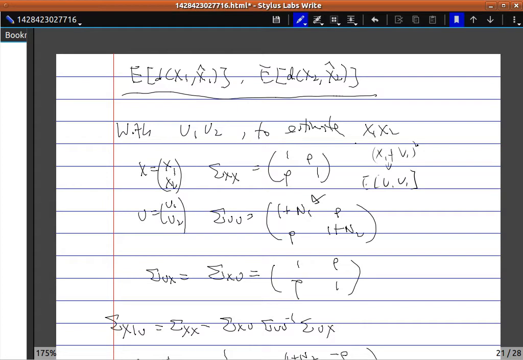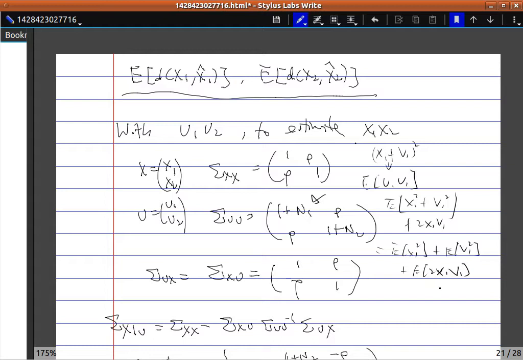So I just have this one plus v1 squared, and inside the term I have x1 squared plus v1 squared plus 2 x1 v1. Expectation is linear, so I can take the expectation of the first term, plus the expectation of the second term, plus the expectation of the last term.